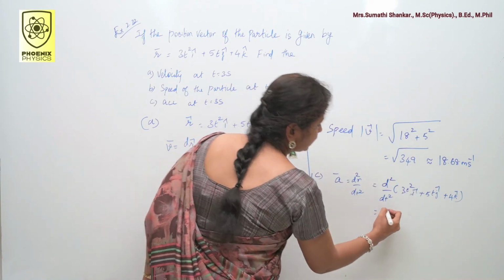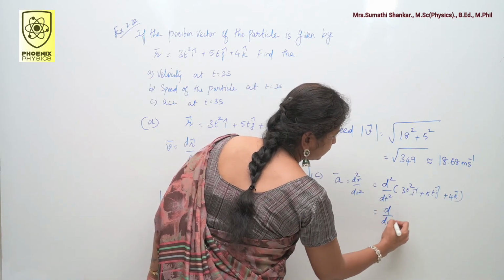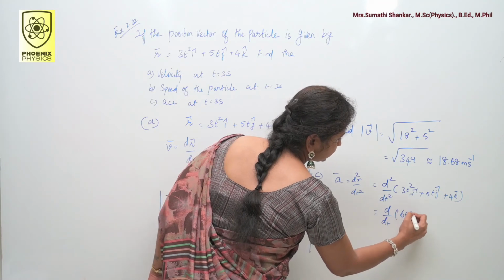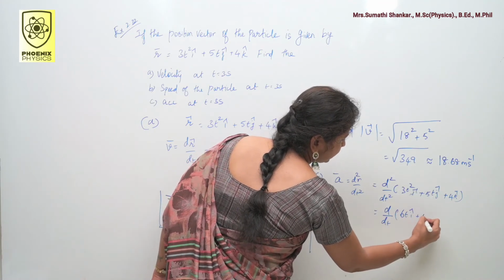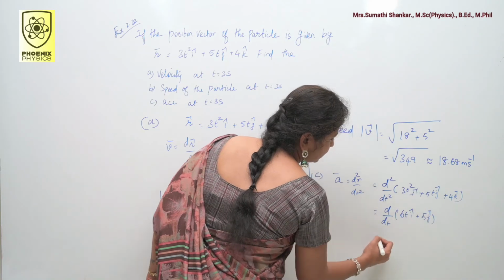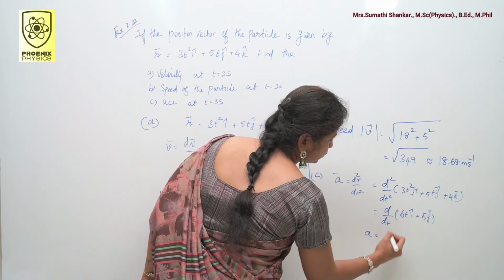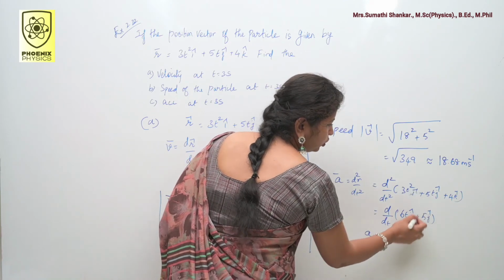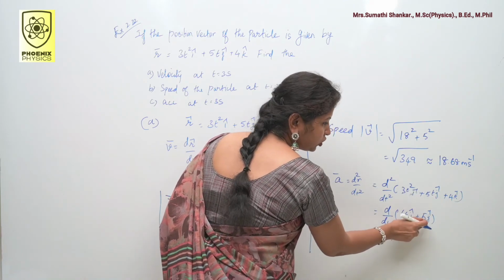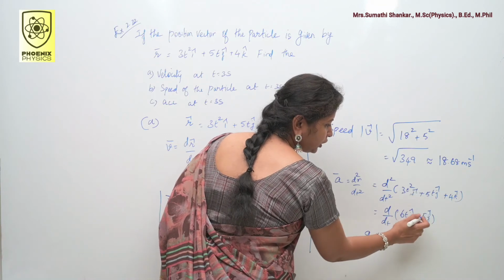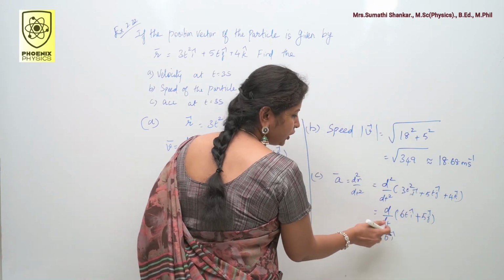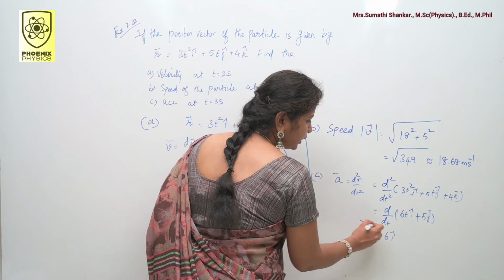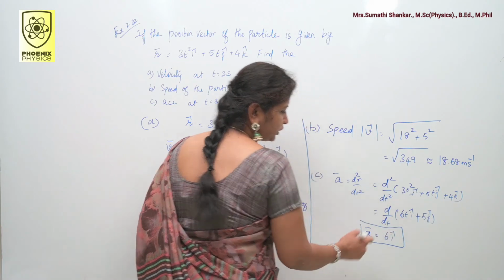So first derivative is d by dt of 6t i vector plus 5j vector. Then if you differentiate this, you get 6i vector alone. No t term here because this one is independent of time, so you can't differentiate. So your final answer is a is equal to 6i vector.